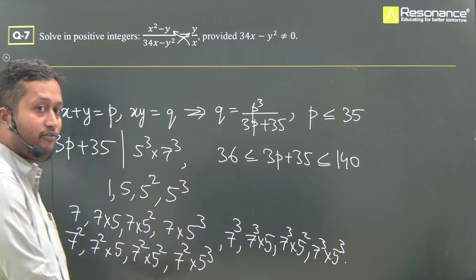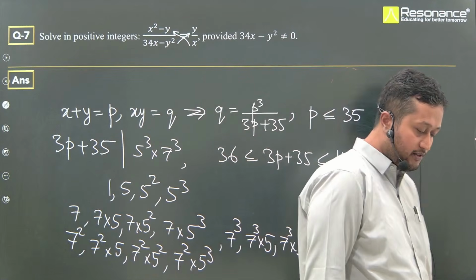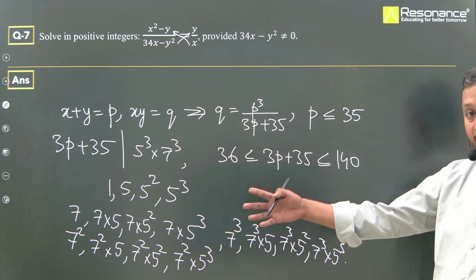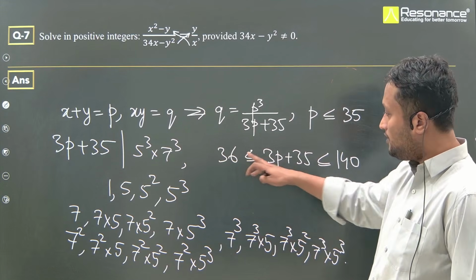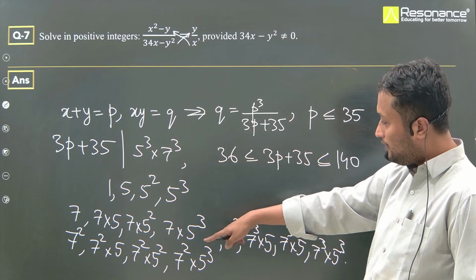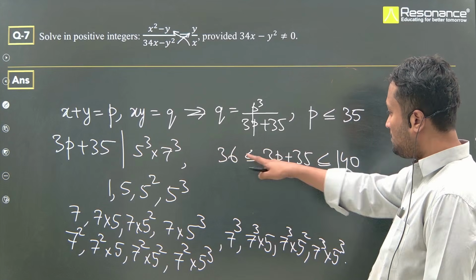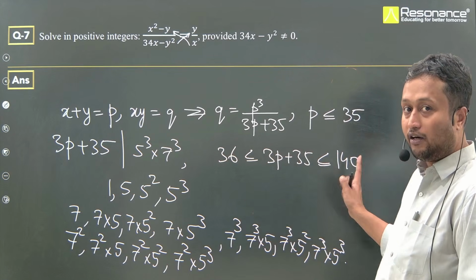Anyway, they are all the positive factors, but we really didn't have to write all of that, because we need to ensure that the factor we are interested in must be between 36 and 140.